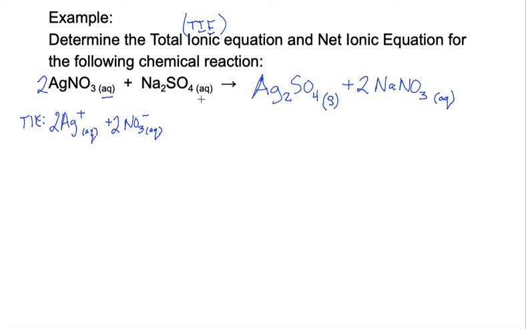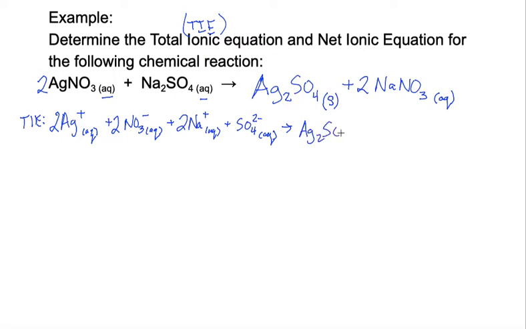So anything that's aqueous, we're going to do that same thing. I'm going to have 2 sodiums from the sodium sulfate. I'm going to have 1 sulfate ion. And then that's going to produce silver sulfate.